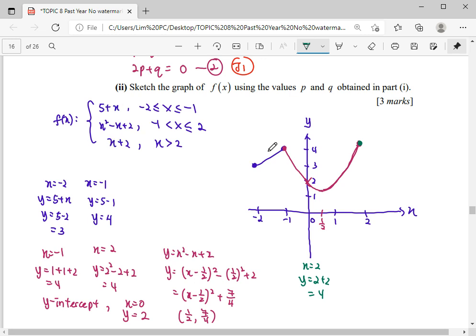So these two lines have the same gradient, which means they are parallel. So make sure your gradients are the same. You are going onwards because it's at more than 2, so this graph goes on non-stop.